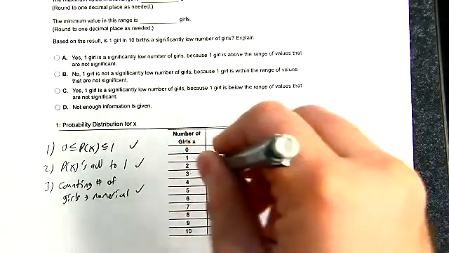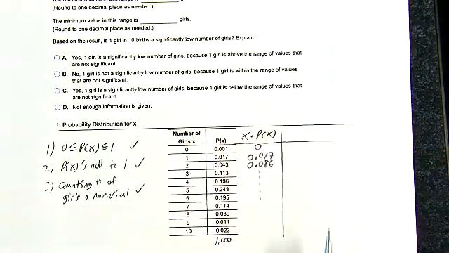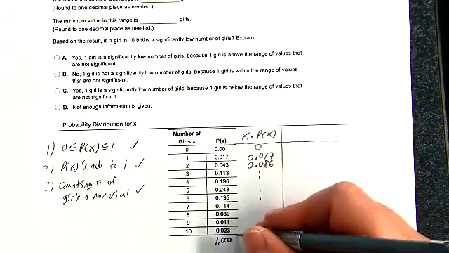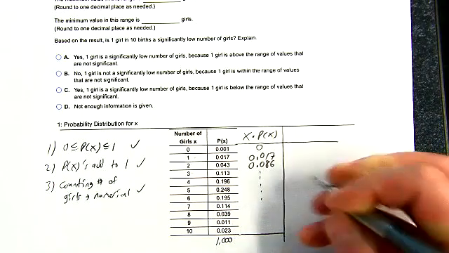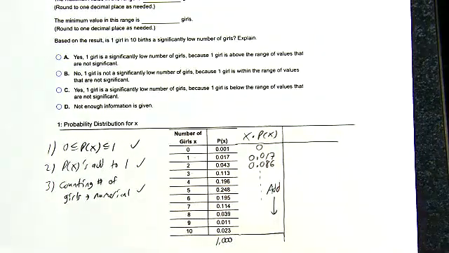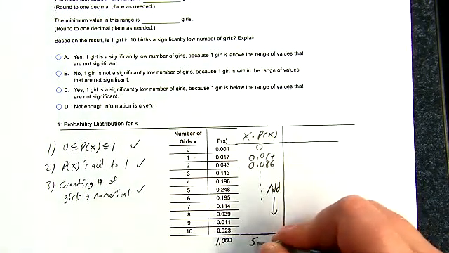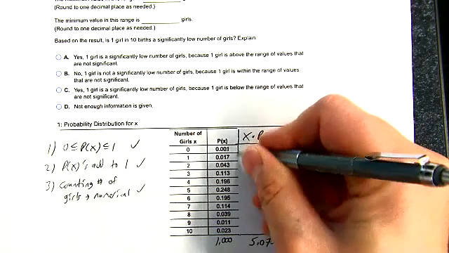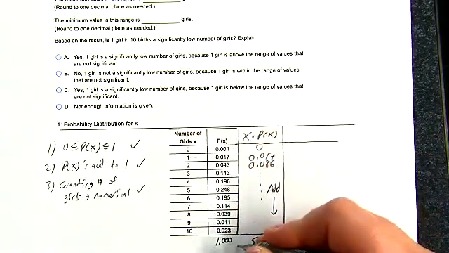So you're just multiplying left to right and writing the number here. Then you're just going to add up these numbers. So you're going to add down. And if you do that, you will get, in this problem, 5.075. And that would be, in this problem, the mean.